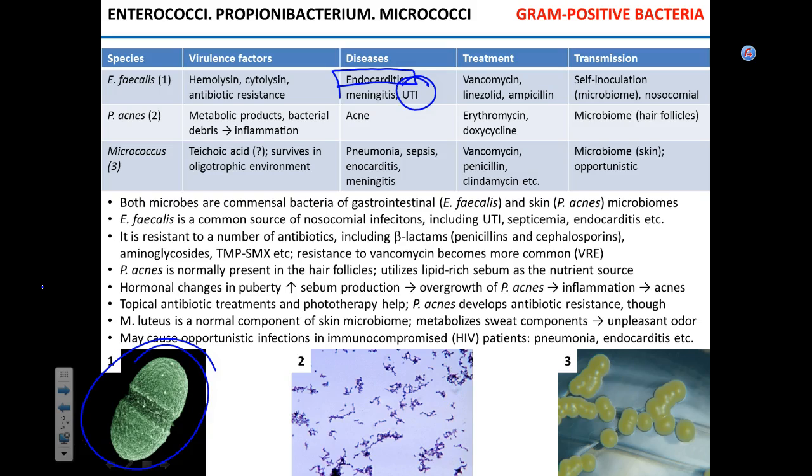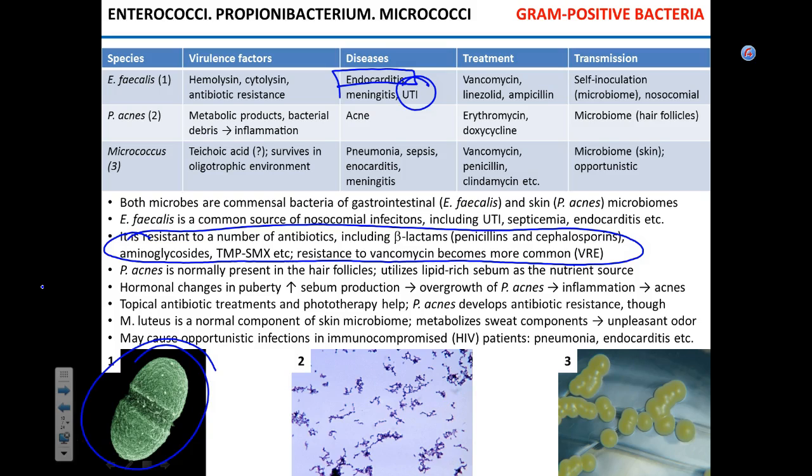And they may not cause any disease when they're in the gut. But once they get in the wrong place, brain or heart, which is sterile, first of all, they will cause the disease. Second, it will be awfully hard to treat because of the resistance. Does that make sense? So I kind of show it here. It is resistant to a bunch of antibiotics.